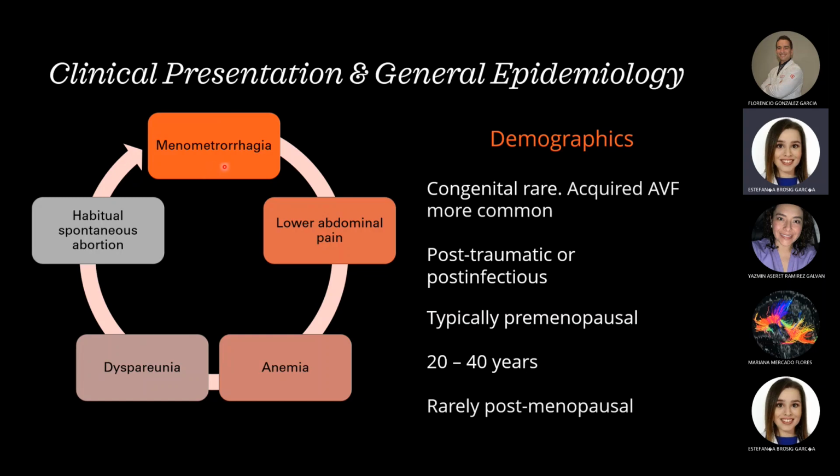Torrential bleeding is suggestive of an arterial source. Up to 30% might require blood transfusion. It might be asymptomatic and not hemodynamically significant. It usually occurs in otherwise healthy individuals. Other signs or symptoms are lower abdominal pain, anemia, dyspareunia, and habitual spontaneous abortions.